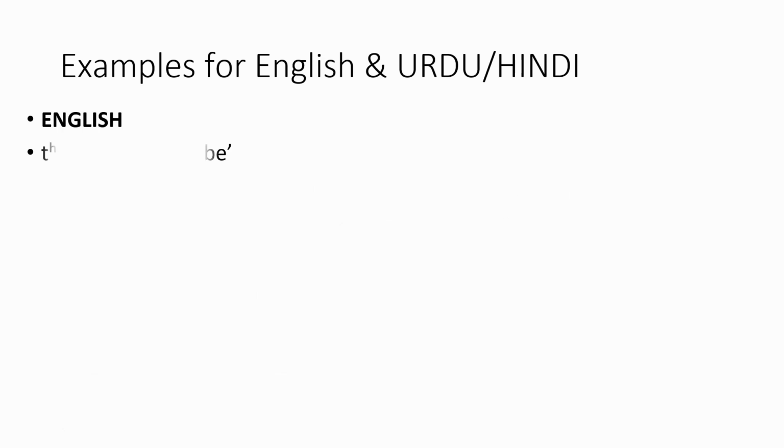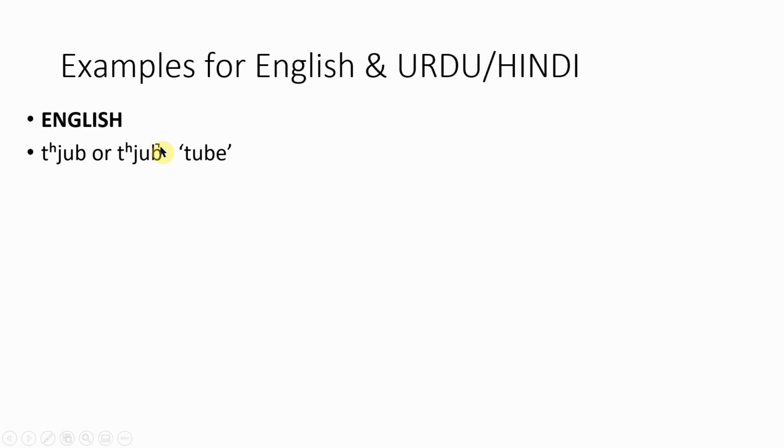For example, in English we have the word tube. In English, when these stop sounds, p, t, k, b, d, g, these six, although glottal stop is also a stop sound, come at the end of a word, they are unreleased.